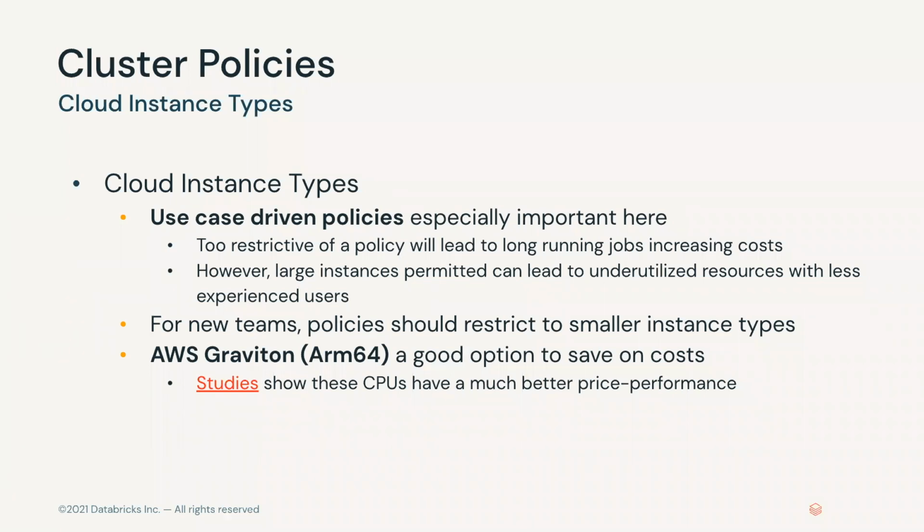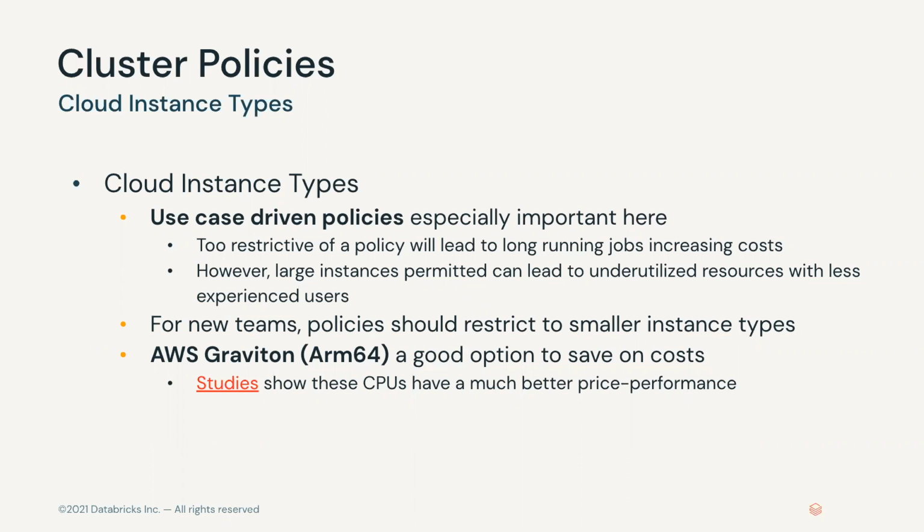And again, it's important to understand that if you're going to have a very small VM for a cluster that requires a lot of memory, it's going to heavily slow down those jobs. And so ultimately, you'll find that those costs could be very high because those jobs are just taking too long to finish.